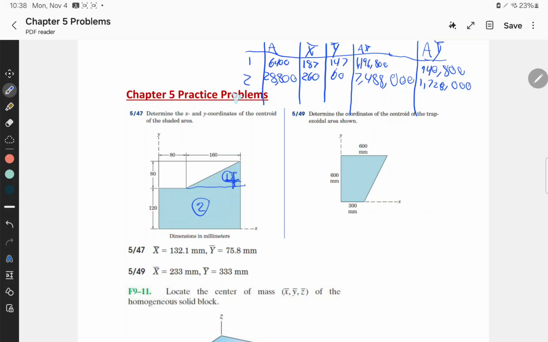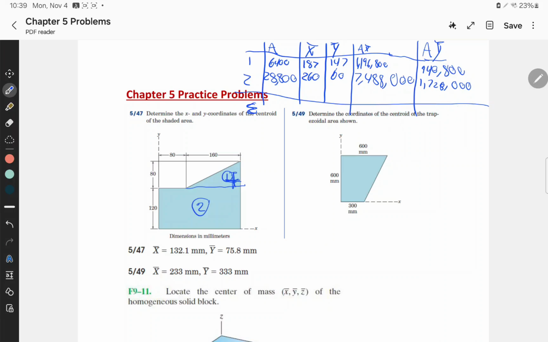Then you're going to have a bottom section here called sum. You're just going to add these all together, except for the components. So this plus that, and this plus that, and you put them under each one.